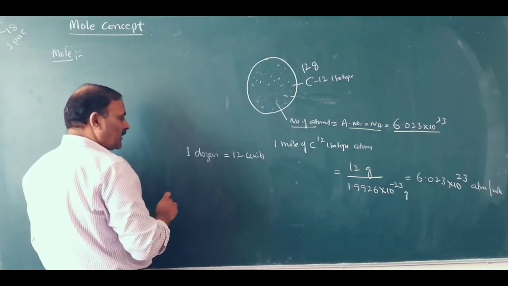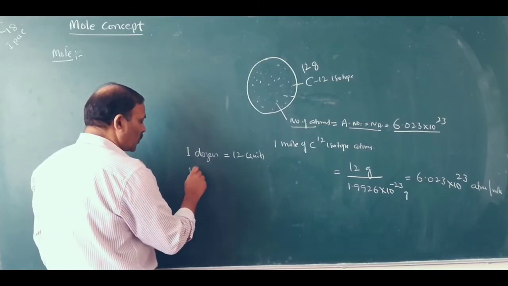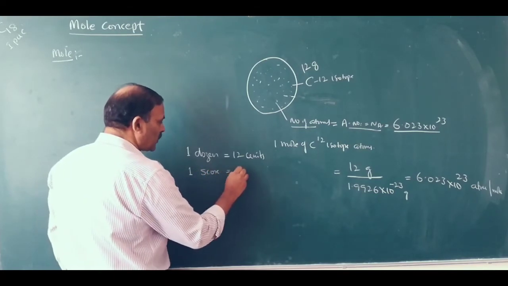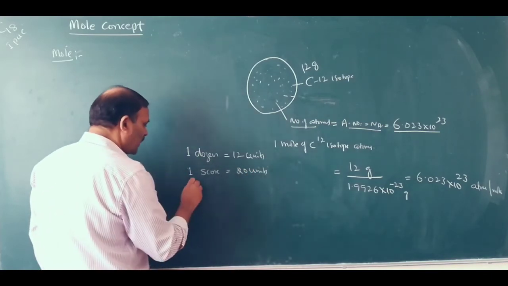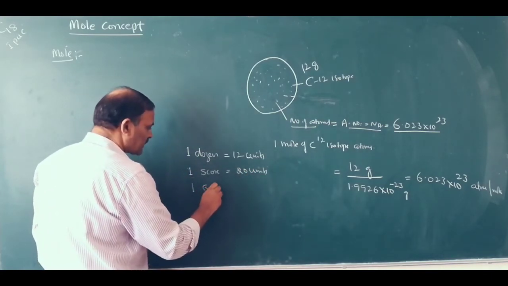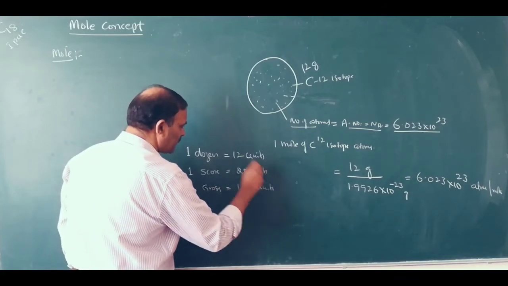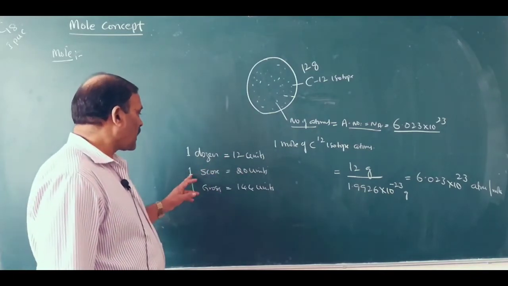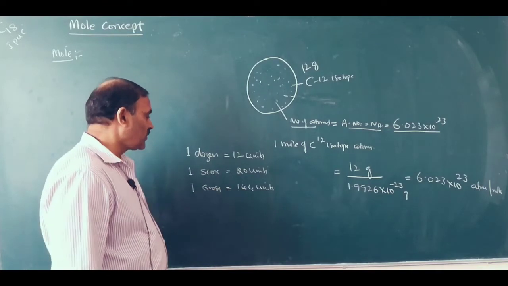Similarly, 1 score is equal to 20 units. Similarly, 1 gross is equal to 144 units. So 1 dozen means 12 numbers, 1 score means 20 numbers, 1 gross means 144 numbers.